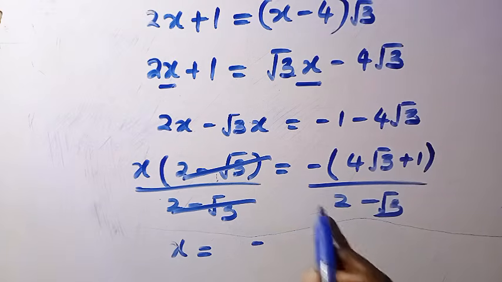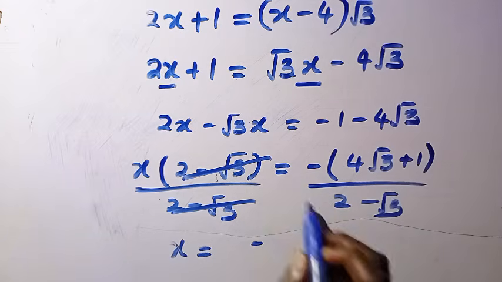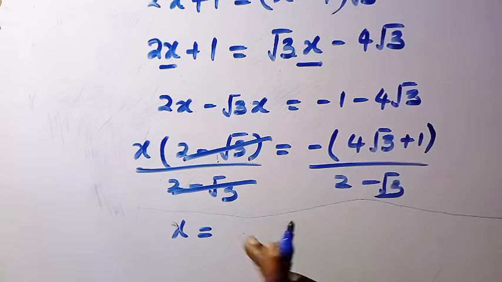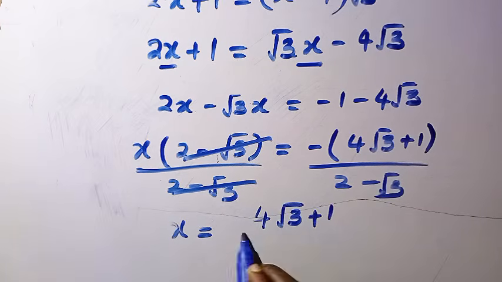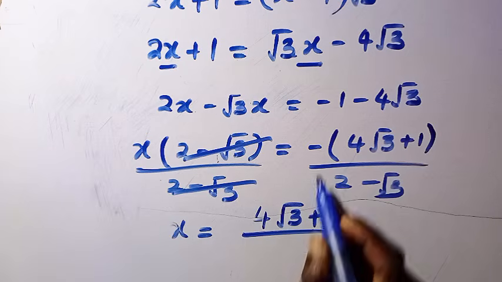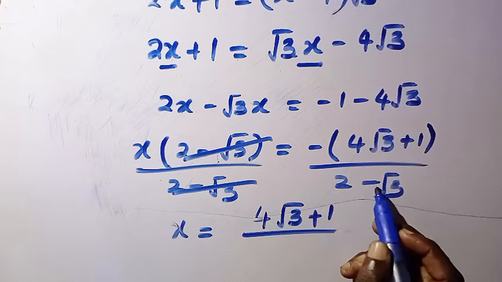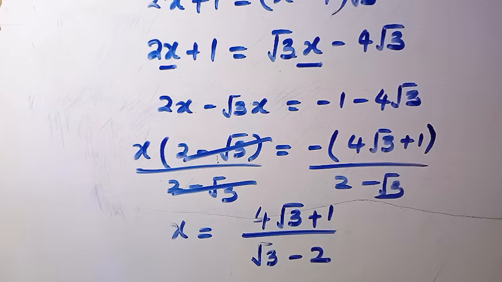We can take this minus down, or if you like we can leave it like this. By taking it down, we change the operation: the numerator gives us 4 root 3 plus 1, divided by, when this comes down, the 2 becomes negative and minus root 3 becomes positive, which can be written as square root of 3 minus 2.